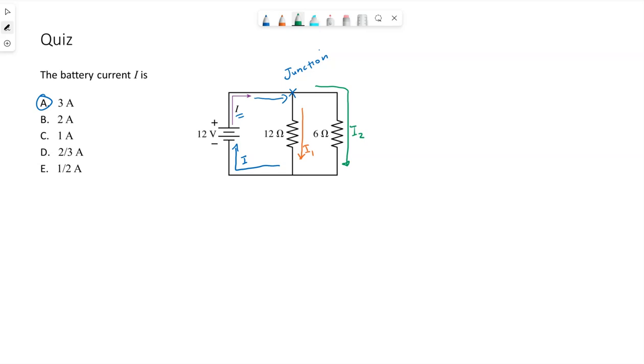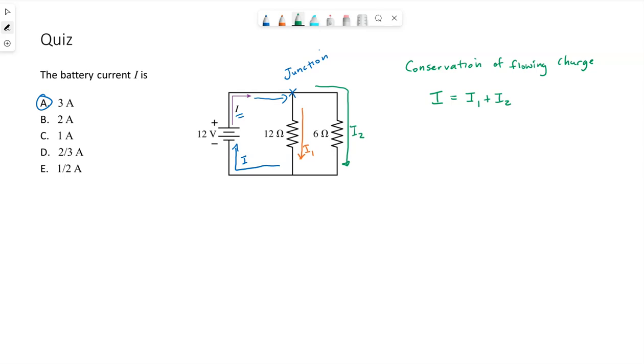This is a conservation of charge rule, and technically flowing charge. Whatever charges are moving must continue moving. We can say that the battery current flowing towards that junction gets split up into I1 and I2. But I1 and I2 have to add up to be that battery current.